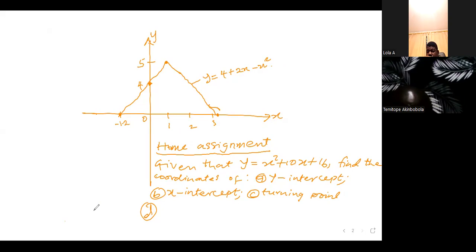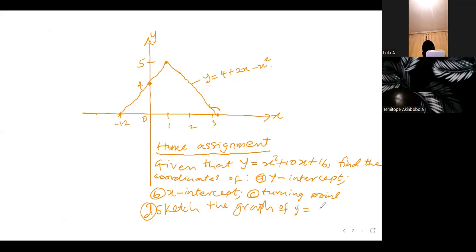Is that clear? So question D now says, sketch the graph of y = x² + 10x + 16.